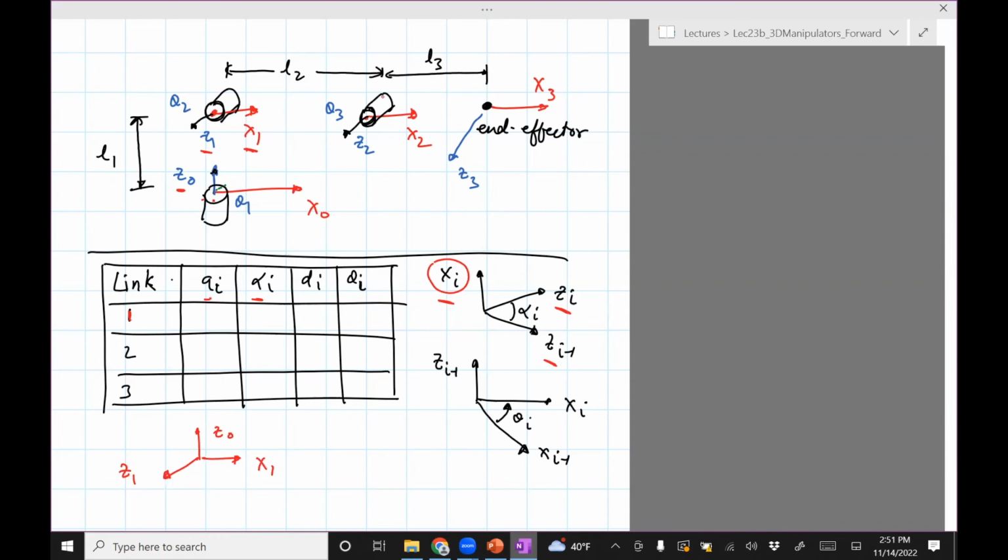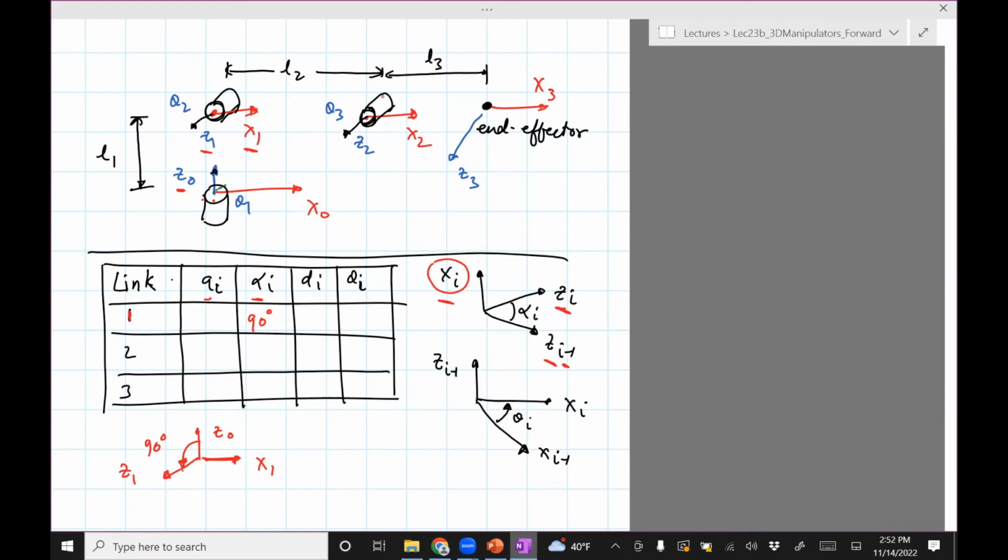So if you curl your fingers from the lower one, Z0 to Z1, your thumb is in the direction of X1, so it's positive direction, and this is 90 degrees. So this should be 90.